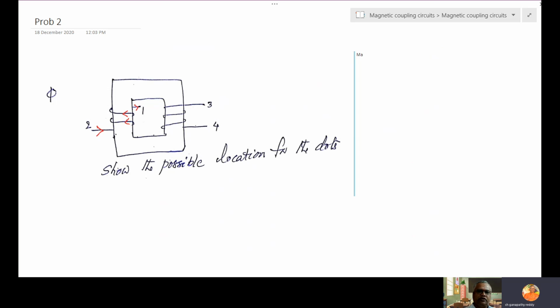Using the right hand thumb rule, four fingers indicate the current direction in the coil, thumb indicates the flux direction. So like this, flux is flowing in the core. This is the flux direction under the assumption of sending current from terminal 2.